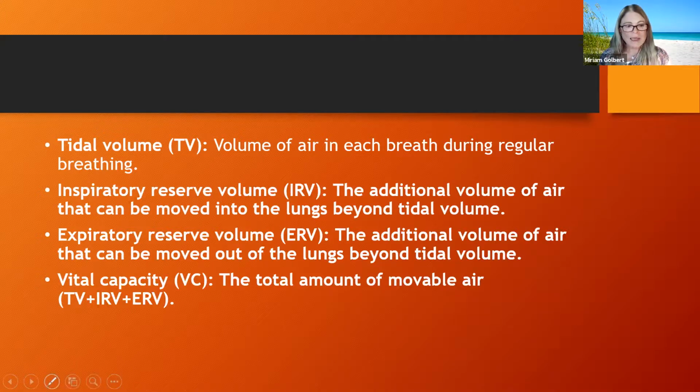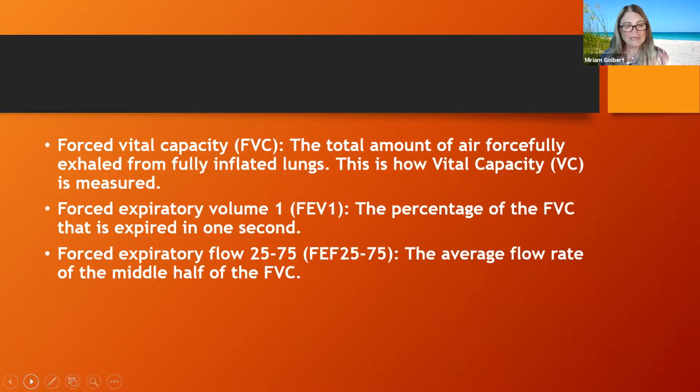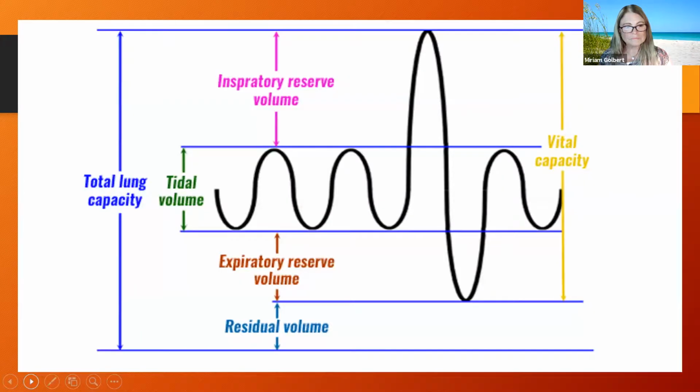So I'm going to show you a graph because I'm very visual, so I like graphs. So here you have, at the bottom here, we don't have the legend, but that will be milliliters of oxygen.